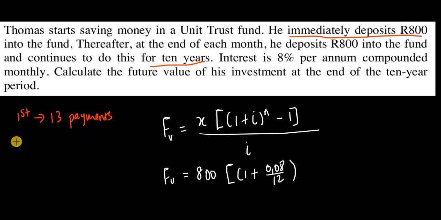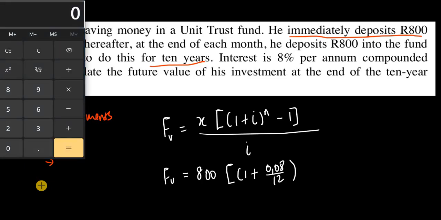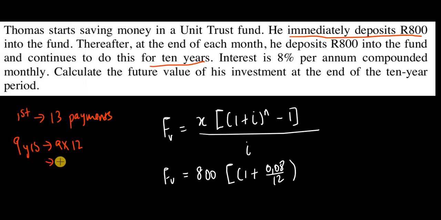But then the remaining 9 years, it's just going to be 9 multiplied by 12 to get the total number of months. If you say 9 multiplied by 12, we get 108 payments in those remaining 9 years. So 108 plus 13, you should get a total N of 121 payments.